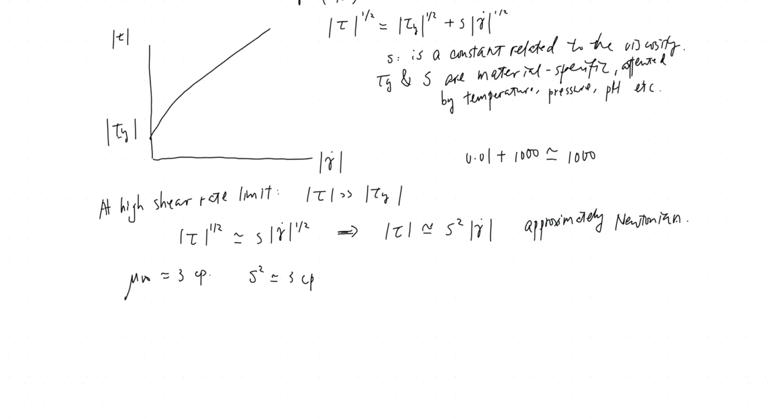So S is approximately the square root of mu infinite, equal to the square root of 3 centipoise, which is about 1.732 centipoise to the power of 1/2. It's a weird power or dimension, the square root of viscosity. And this type of weird dimension doesn't come naturally. If you derive things from first principles, you won't get something like this.